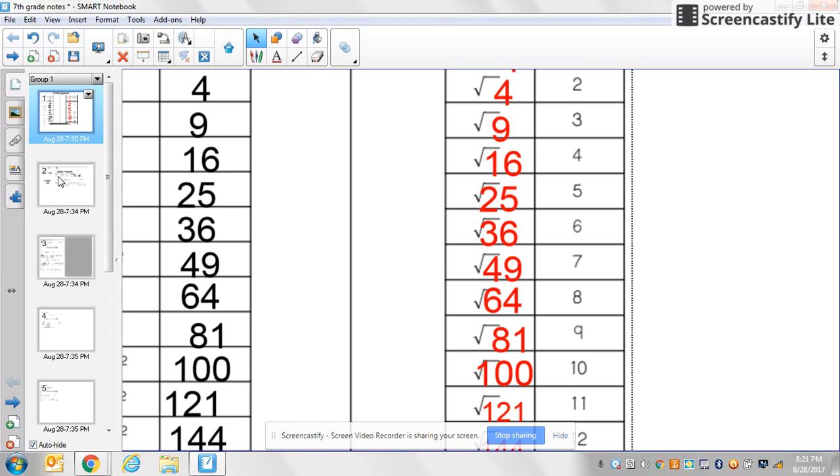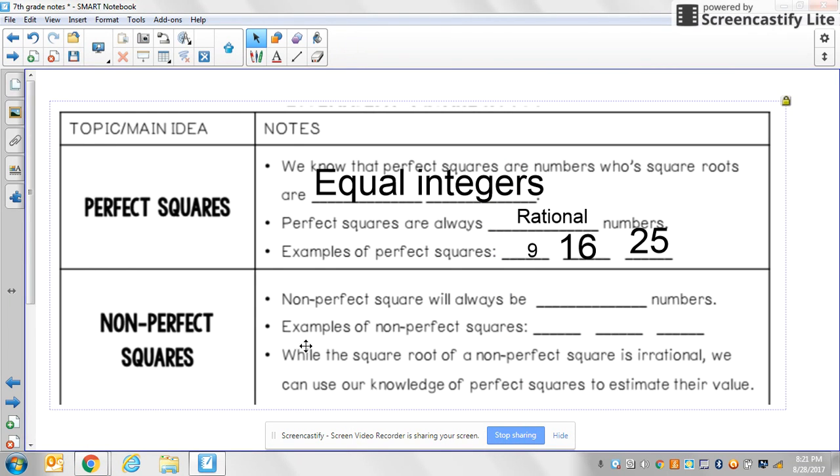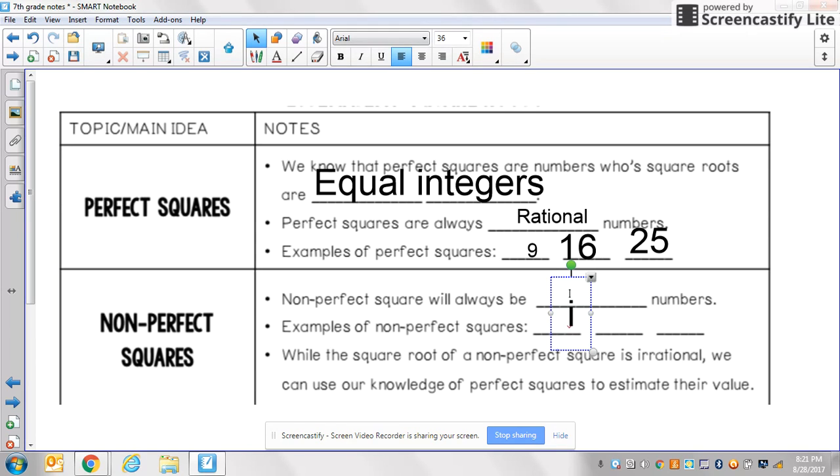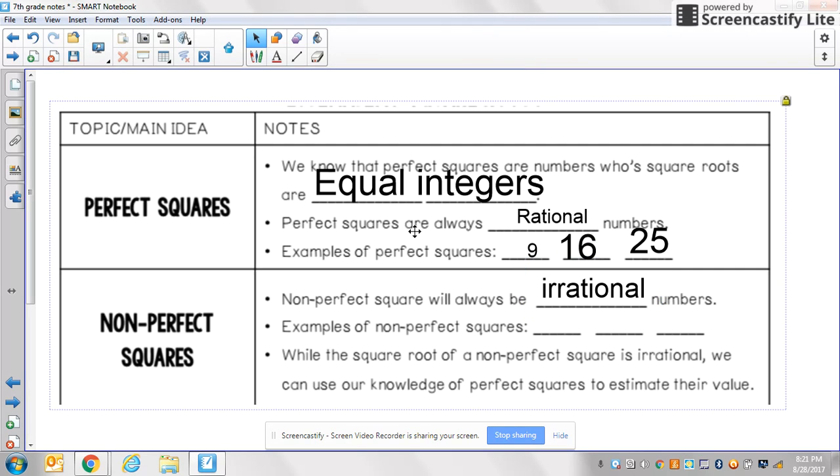Now, a perfect square was a rational number, and I'm willing to bet you all can guess as to what a non-perfect square is. And yes, several of you most likely did say an irrational number. Okay? Now, a non-perfect square basically means we do not have two equal numbers that can get to that essential non-perfect square number.